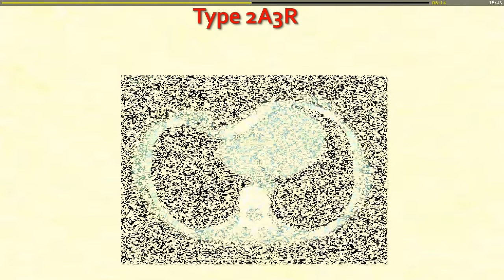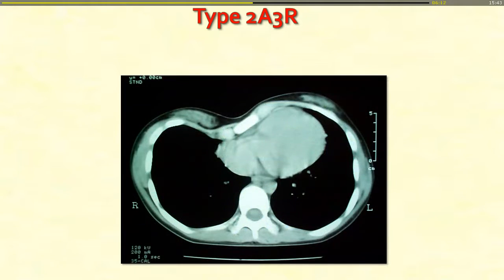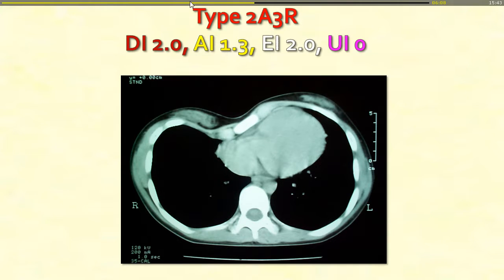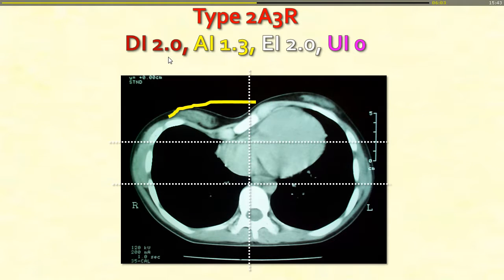We can imagine a patient, without seeing any patient, just imagine the numbers here. So the depression index is 2.0. So we can imagine that the depression lies about the same distance between the vertebra here. And the asymmetry index is 1.3, so we can imagine one side is a little bit higher than the other.